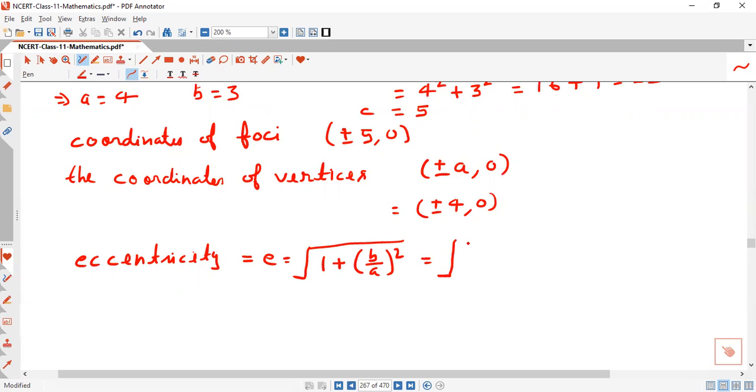Now you put the values here: 1 plus b is here 3, a is here 4, whole square.